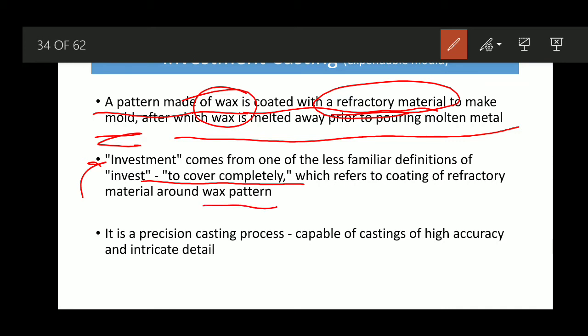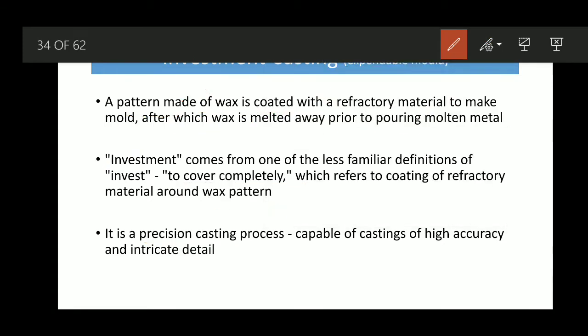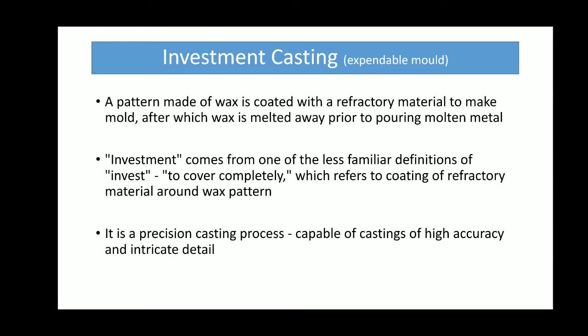What you must remember is that it is a very precision casting process, with very intricate details, even like those in medals or emblems. Those can be obtained in investment casting because the pattern is made of wax, and giving different details on wax is comparatively easy.